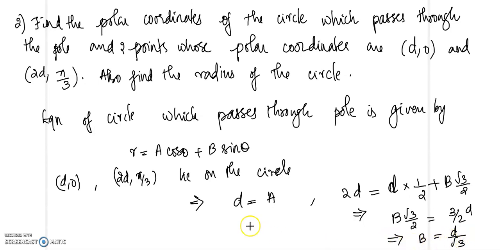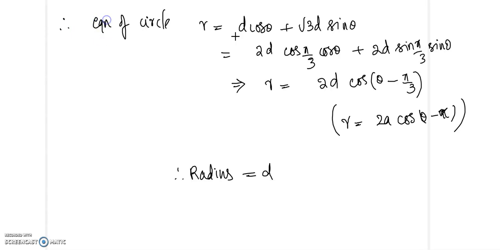So we have obtained the values of a and b. So now we can write the equation of circle. So therefore equation of circle will be r equal to d cos theta plus root 3 d sin theta. Now let me multiply and divide by 2. So I can rewrite the equation in the form 2d times 1 by 2 can be written as cos pi by 3 cos theta plus 2d root 3 by 2 sin pi by 3 sin theta.